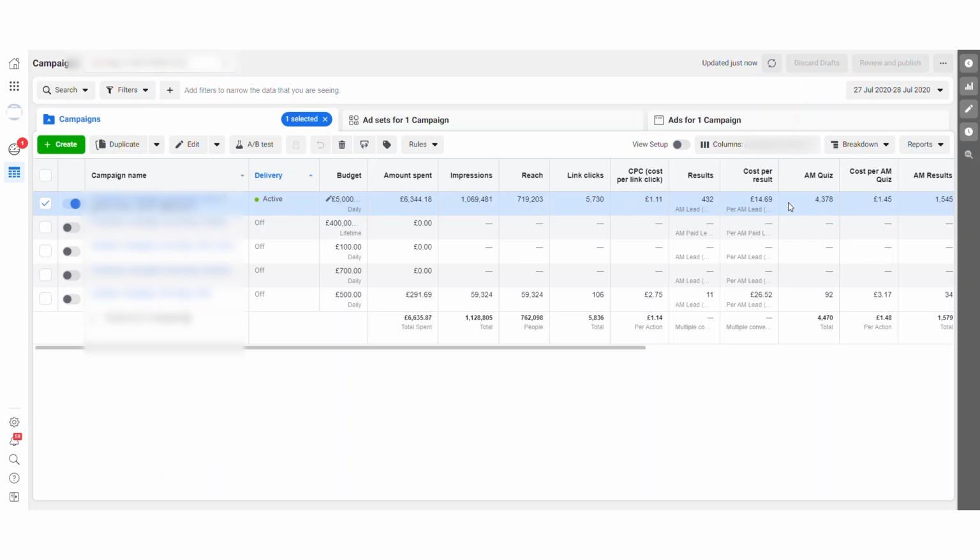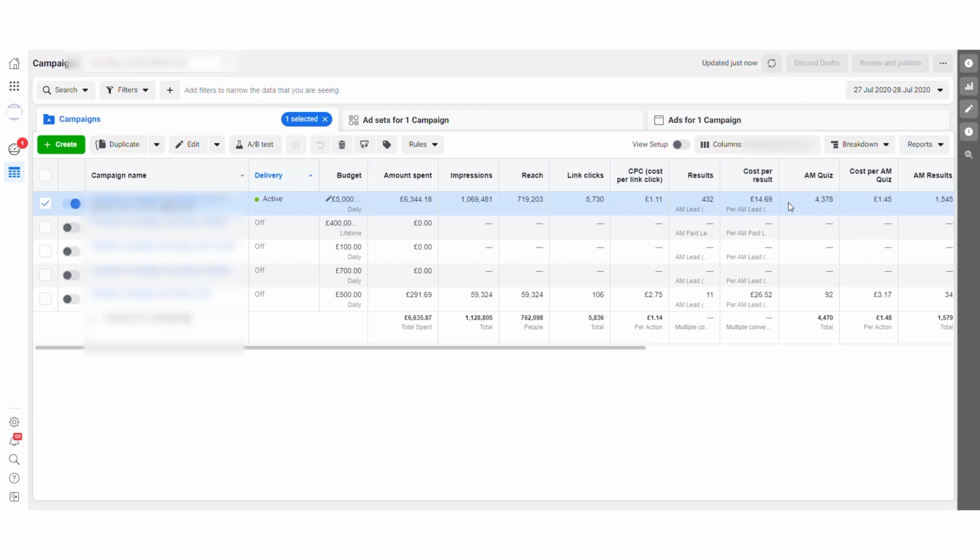But we're going to carry on, always trying to bring it down further, because there are so many times where we thought, oh, we can't get cheaper leads than this. I don't think we're going to do better than this. And then you find an ad or you find an audience, and suddenly it just revolutionizes your whole ad account. So we're going to constantly work on this, get new ads, try new audiences as well.